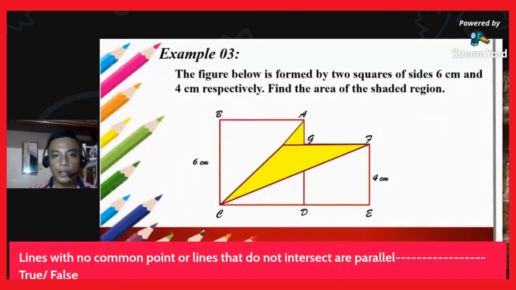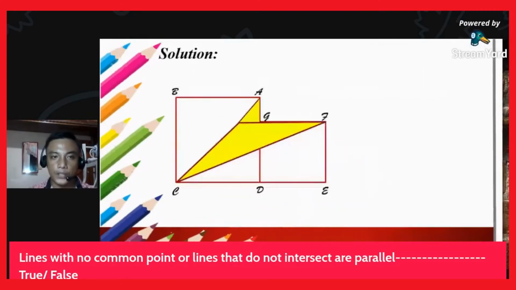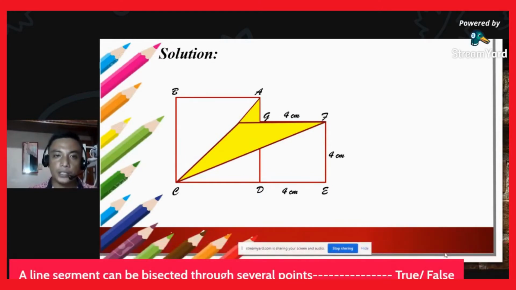So, let's see if we have the same answer. So this is the figure. The measure of one square is 4 centimeters. The other is 6 centimeters.